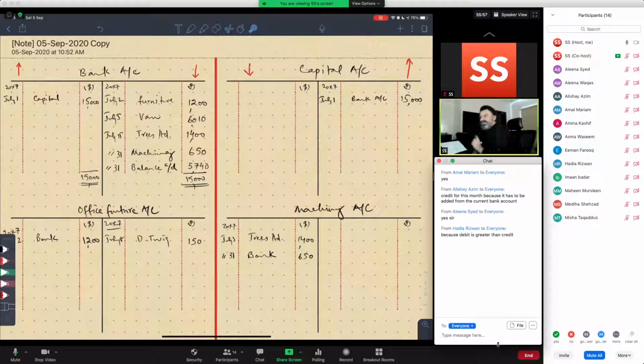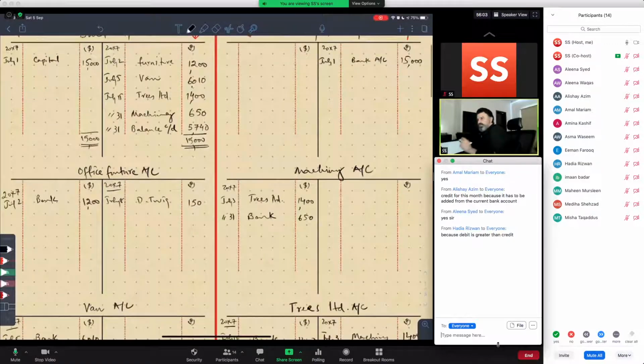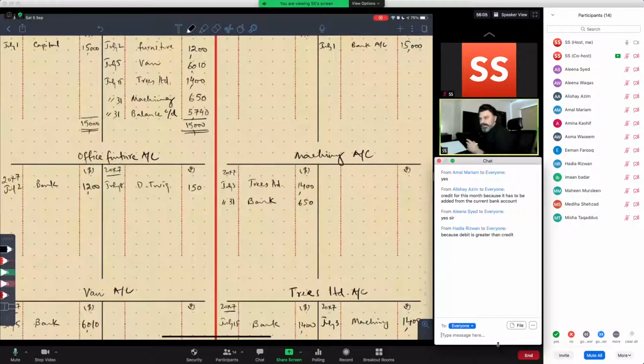So if this is a debit balance, comes the last stage now. In order to restore its true nature and get rid of this confusion of why it is appearing on the credit side, when we reopen the books on 1st of August, reopening the books means we will commence the next financial period.